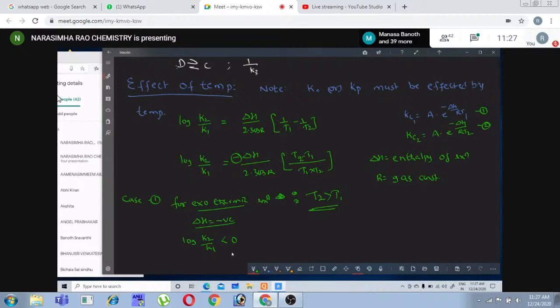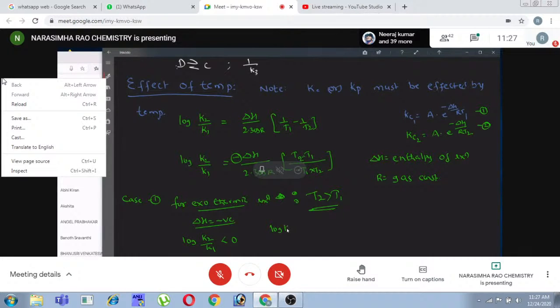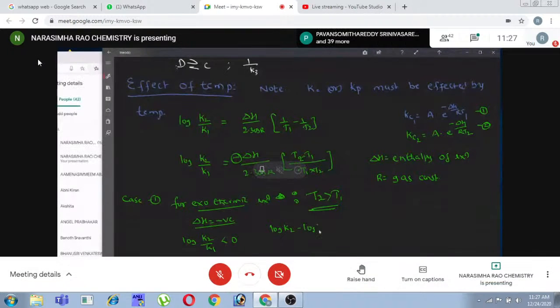Now, log A by B means log K2 minus log K1 is less than 0.